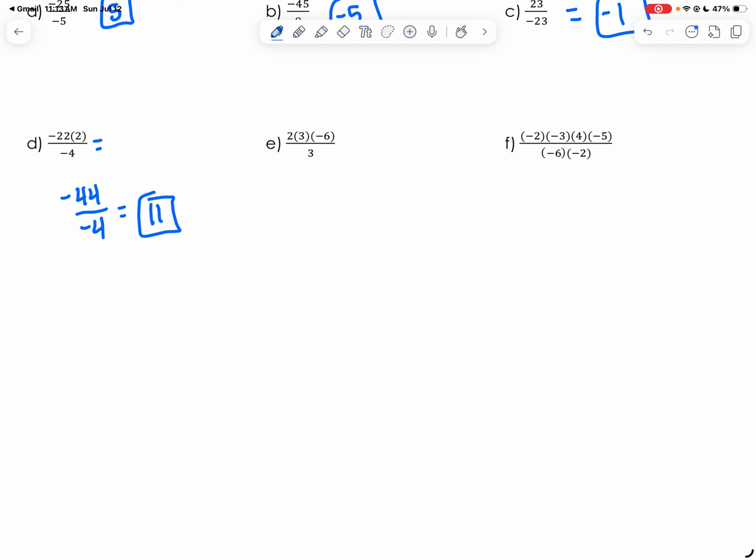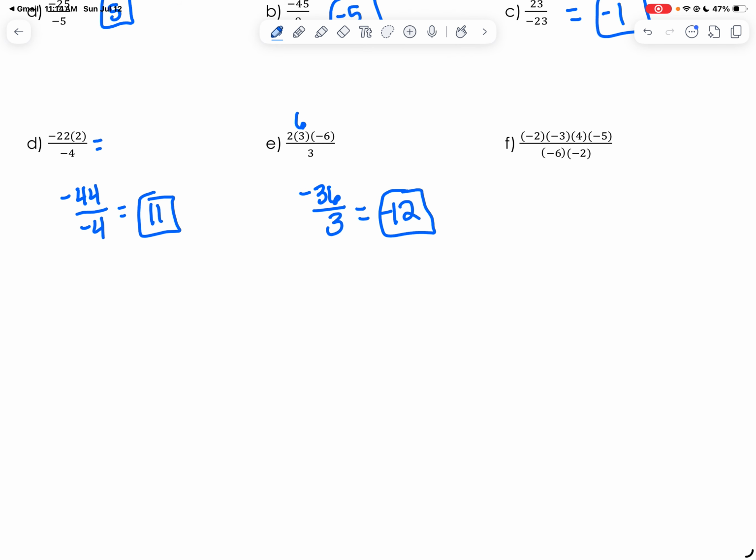All right. In problem E, we have 2 times 3 times negative 6 divided by 3. So work the numerator first. So 2 times 3 is 6. 6 times negative 6 would be negative 36 divided by 3. Well, 36 divided by 3 is 12, but because the signs are different, I know my answer is negative 12.